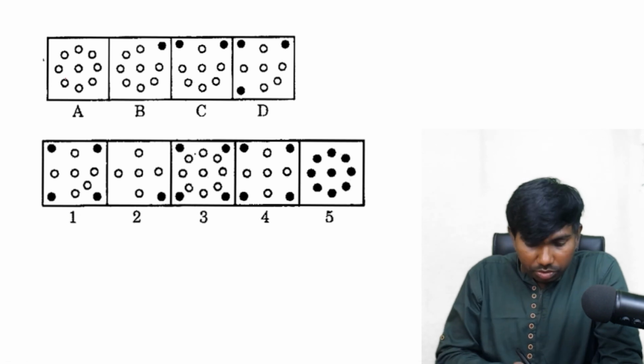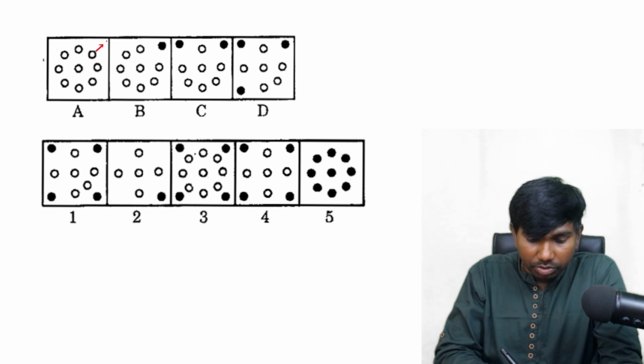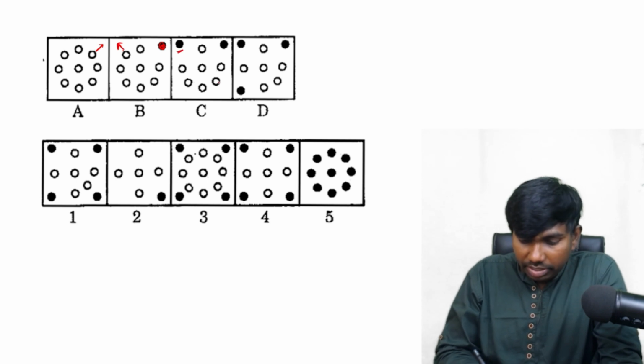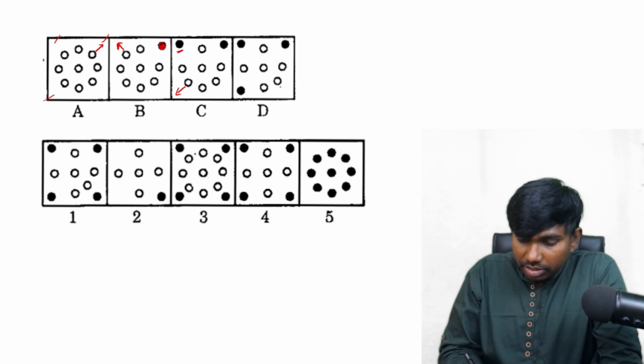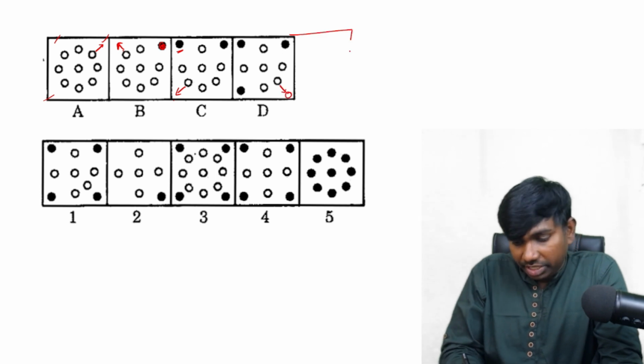Next, there are 8 circles around a circle inside. First this circle is brought to the corner and it is shaded. In the next, this circle is brought to the corner and shaded, and then this circle is brought to the corner and shaded. If you observe anticlockwise, this corner to this corner and then this corner to this corner, and then in our answer figure, this circle should be brought to this corner and it must be shaded.